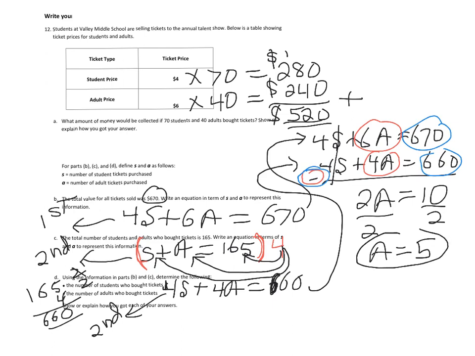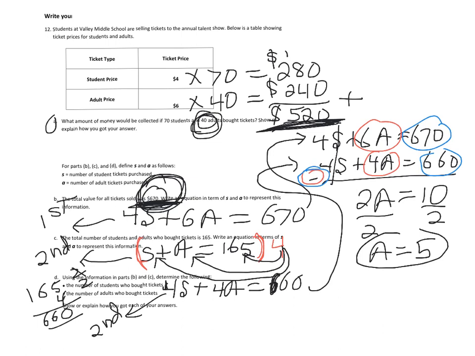It has nothing to do with the 40 earlier in part A. That is when they collected $520. The problem that we're dealing with right now is when they made 670. For that, only 5 adults came.